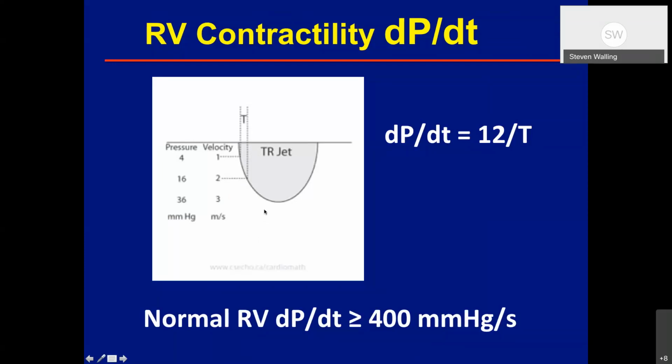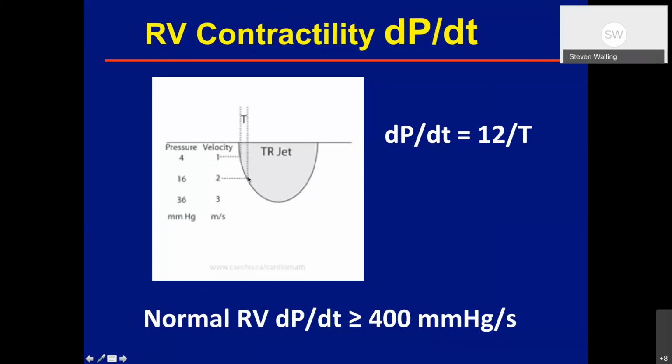So therefore, in the definition of LV contractility dP/dt, you are using the time or the velocity from 1 meter to 3 meter. In contrast, in the RV contractility, we're using this formula between the 1 meter and the 2 meter velocity.